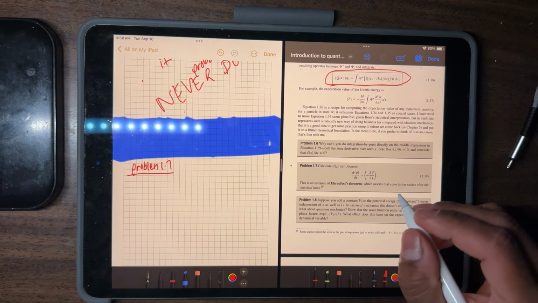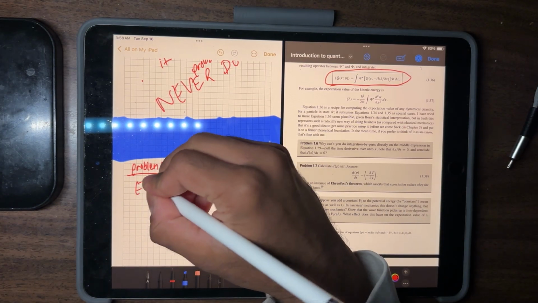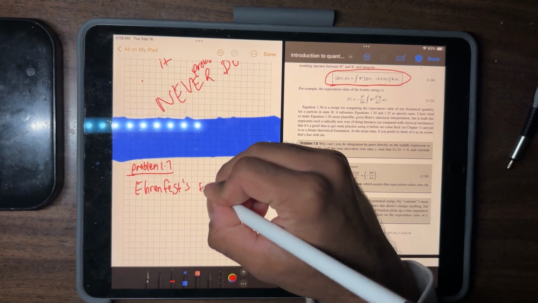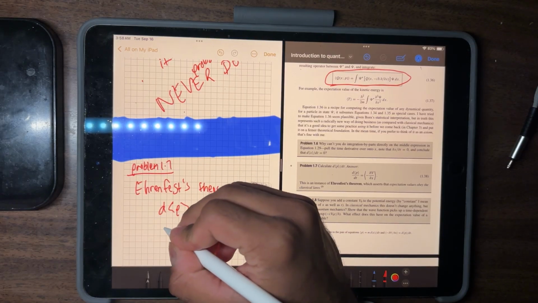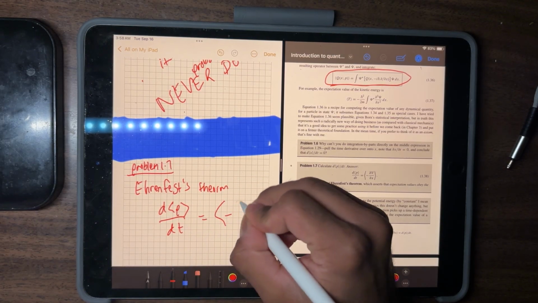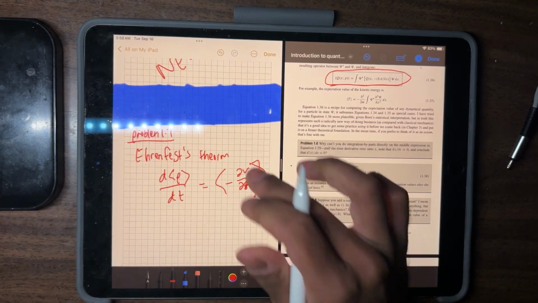First of all, the Ehrenfest theorem, which is d expectation value of p by dt would be minus curl v by curl x. How do we get that?